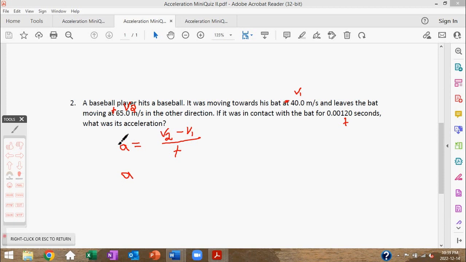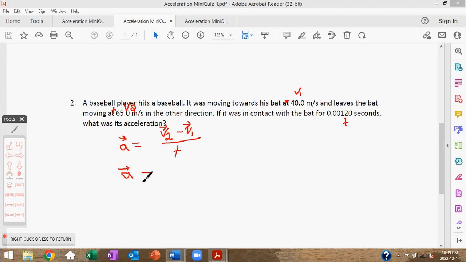Now, I should really be careful with vectors here, because in this case, again, the direction actually matters. We're going to use positive for going away from the plate, and negative for towards the plate.